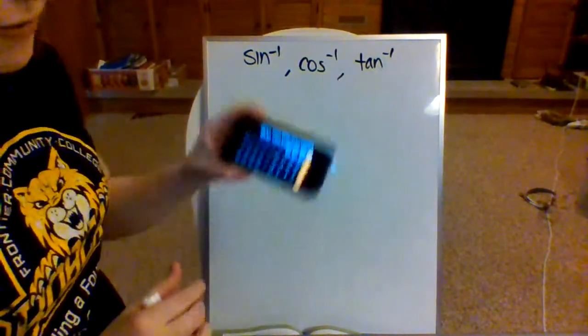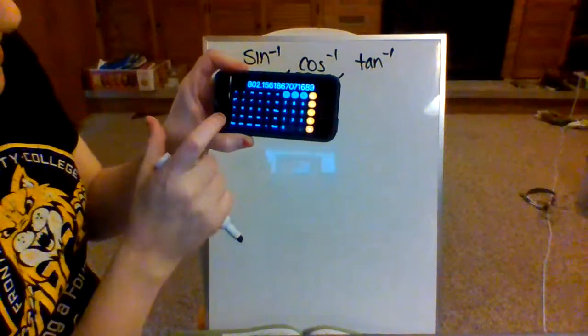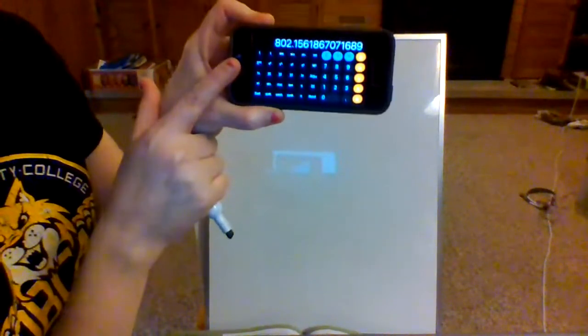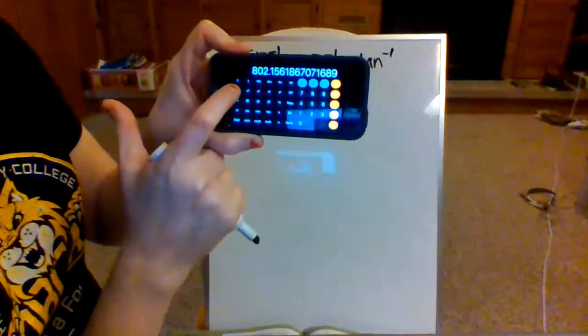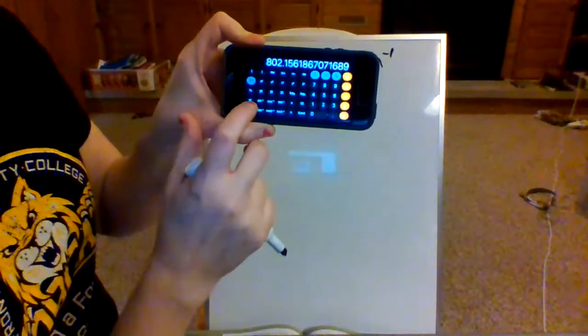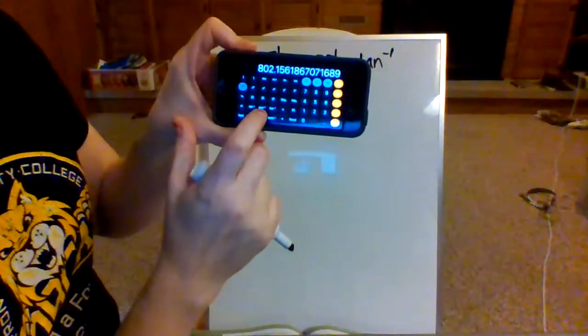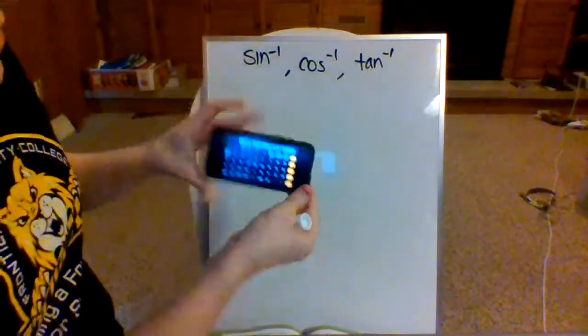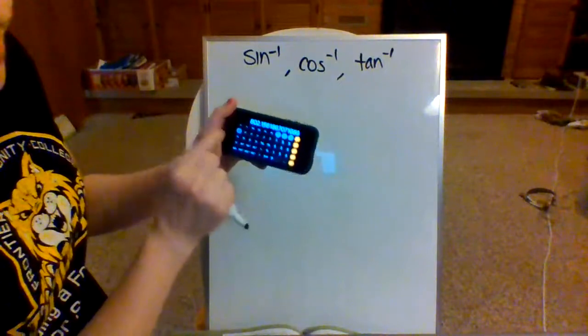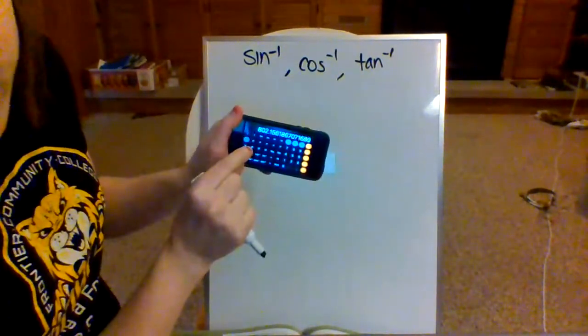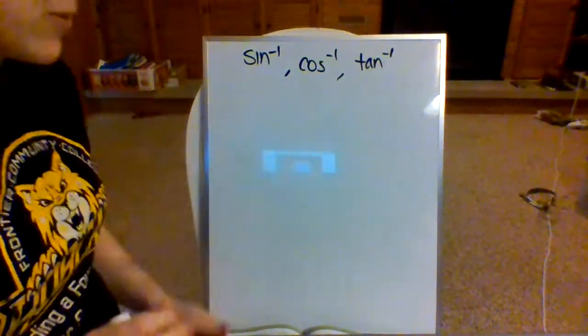And to get those on your phone, you're going to have to press second. So if you have an iPhone like this, I think Androids are the same, but there should be a second button. And you're going to see sine inverse, cosine inverse, and tangent inverse, just like I wrote here on the board. Okay, those are what we're going to have to use when we find missing angles. Okay, so get ready for that.